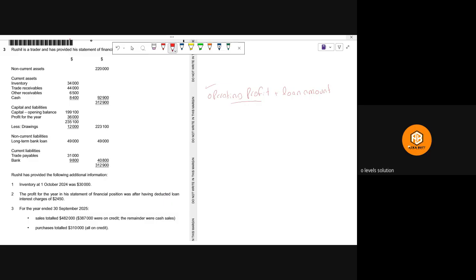So the loan interest is included in the operating profit, and that's why we have to add it back. So this is 36,000 and this 2450.